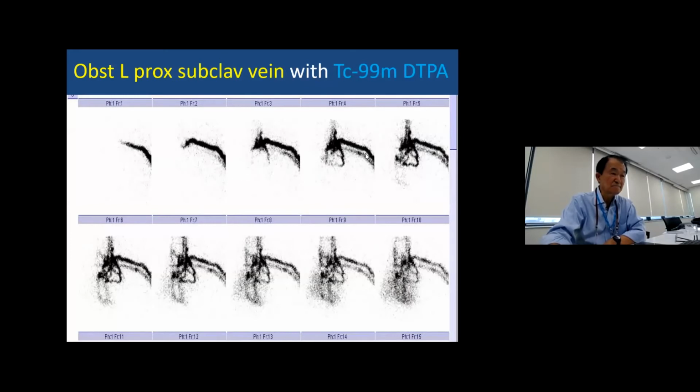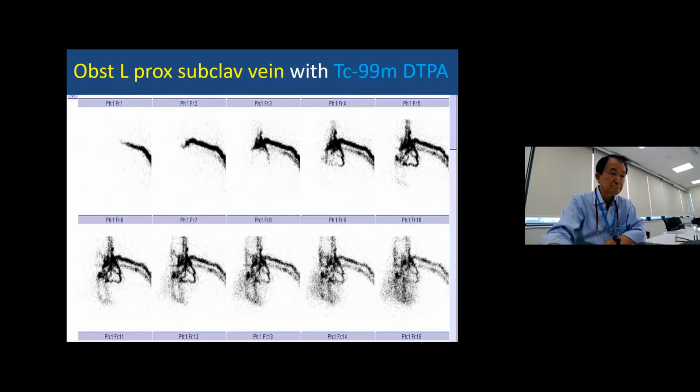And then you can see the subclavian vein, usually it comes down obliquely, and then down into the right heart. And this is the brachiocephalic level. But you can see collaterals rising from the left subclavian vein above, and then this is probably a left side superior vena cava. So the obstruction is right at this left side proximal subclavian vein.